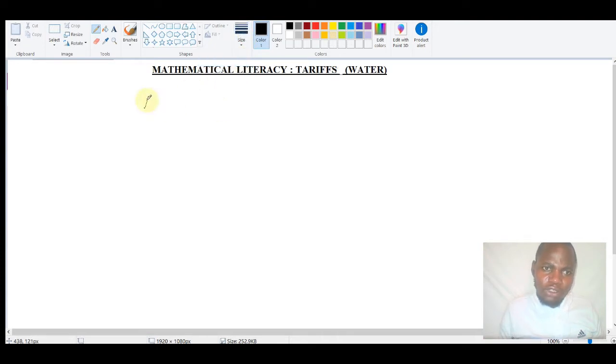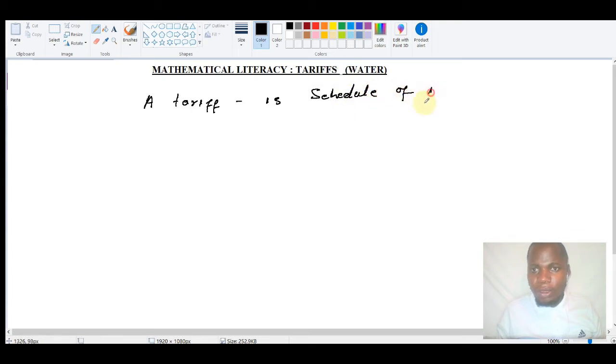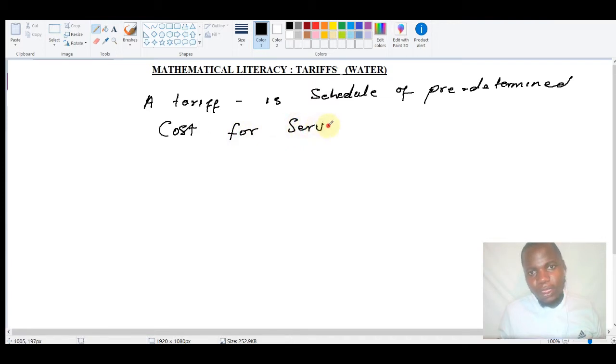Now, in mathematical literacy, when we talk of a tariff, they can ask you to define what a tariff is. A tariff is a schedule of predetermined costs for services.